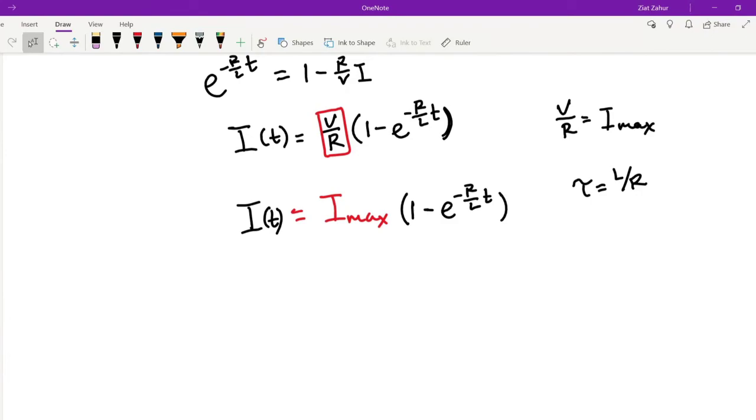So since tau is L over R, we have negative t over tau again.